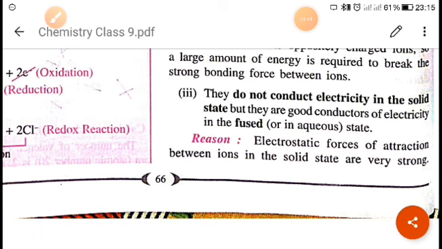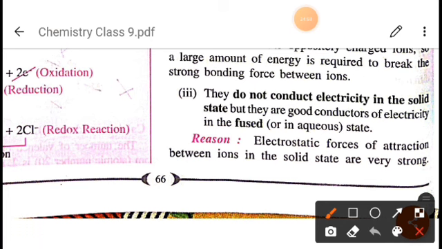Now what if we make this ionic compound into an aqueous solution, by dissolving it in water or any other solvent? At that time there will be free ions, right? If we dissolve it in water, the sodium and chloride ions will separate and dissolve in the water.